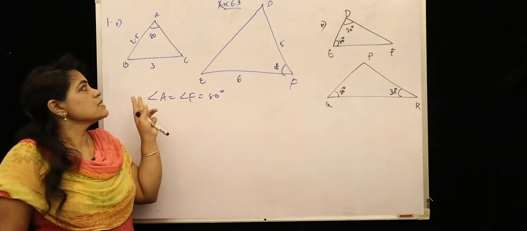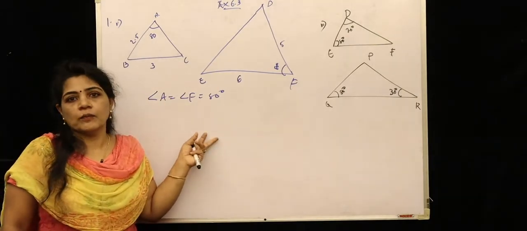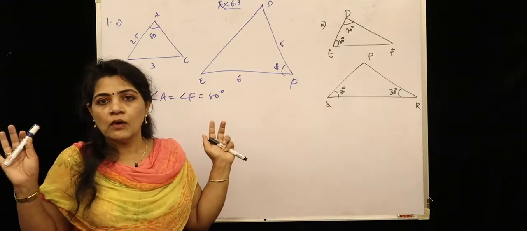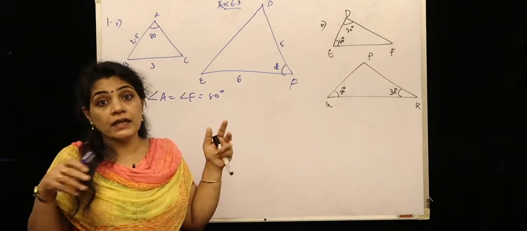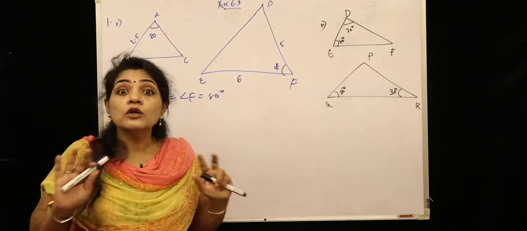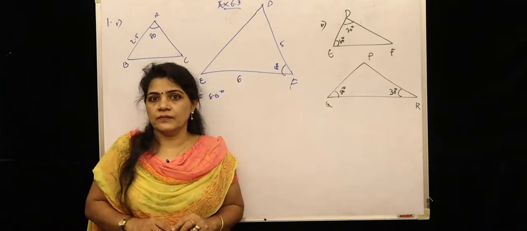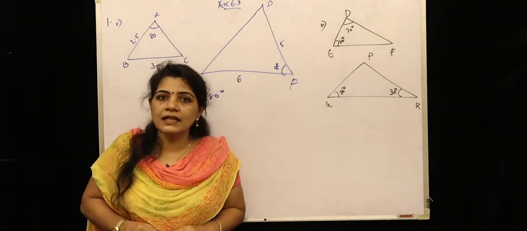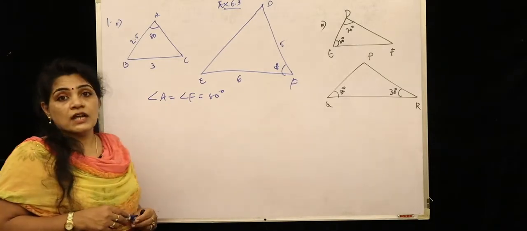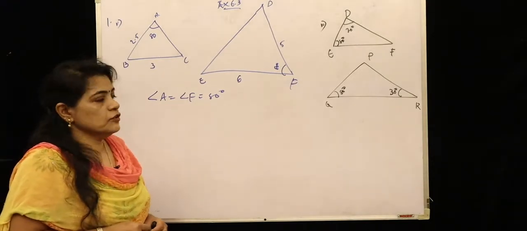That means the sides are not in proportion, as the required side is not given. Only one of the angles is given, and you can see that two sides are in proportion, but they are not the required sides. So you can't say that they are similar. So triangle ABC is not similar to triangle DEF.